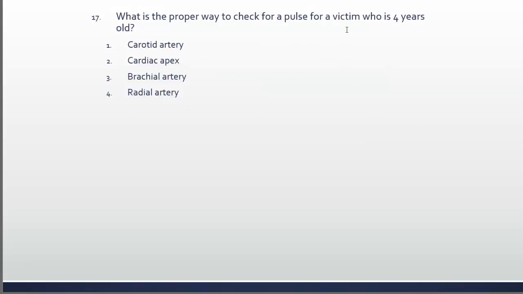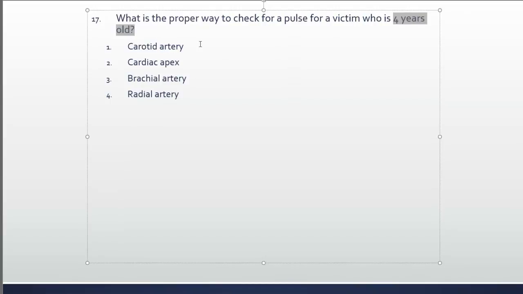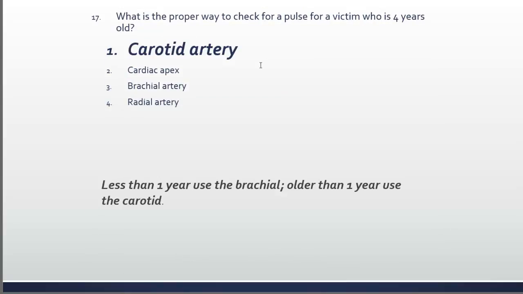What is the proper way to check a pulse for a victim who is 4 years old? So, 4 years old, it's a PEDS patient. You said carotid artery, and you are correct. Why? If they're less than 1, you use the brachial. So this patient is 4, so you use the carotid.